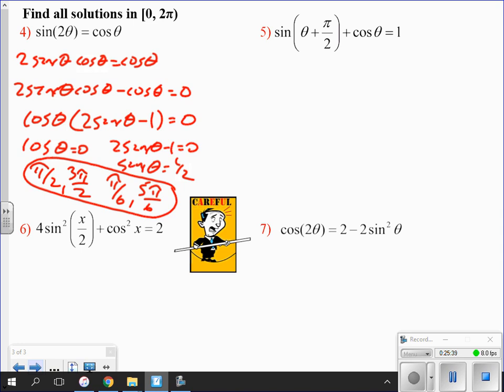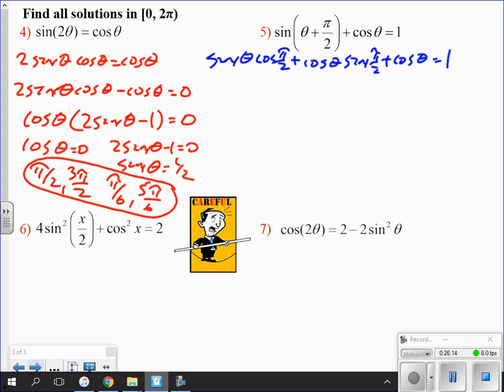So the sine of theta plus pi over 2 is sine theta cosine pi over 2, plus cosine theta sine pi over 2, is equal to 1. Sorry, my bad, hang on. Plus cosine theta sine pi over 2 is equal to 1.